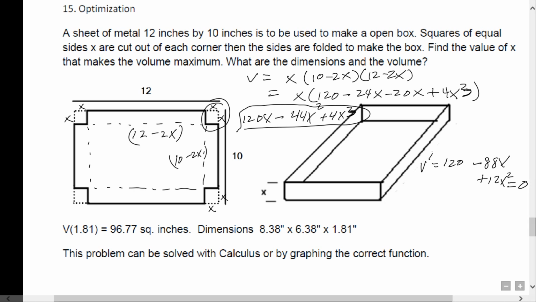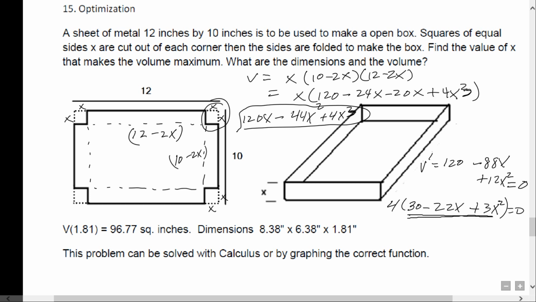And factoring a 4 out, we get 4 times 30 minus 22x plus 3x squared equals 0.